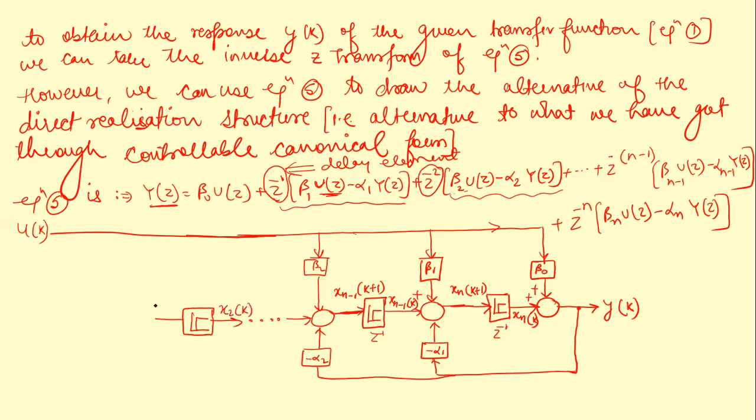Okay, and the input to this would be, let us say, x2k plus 1, right? Now this is beta n minus 1, and it is added with minus alpha n minus 1, right?